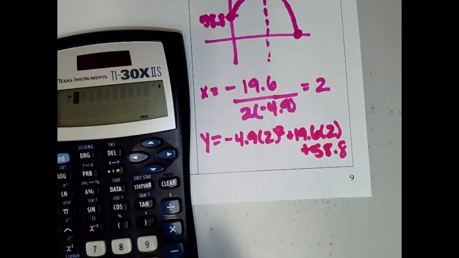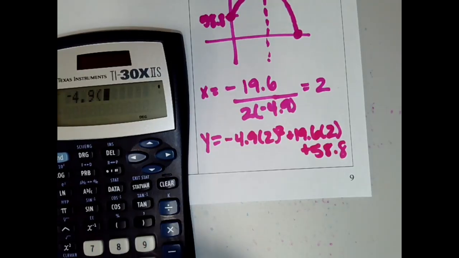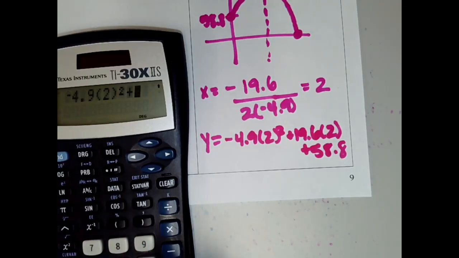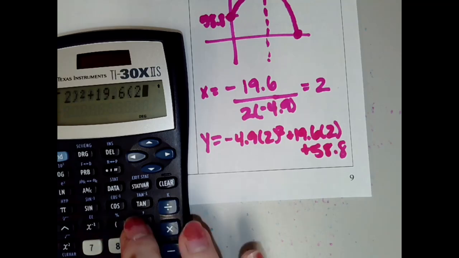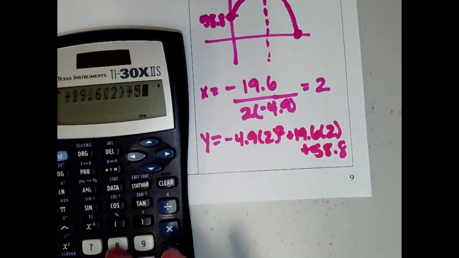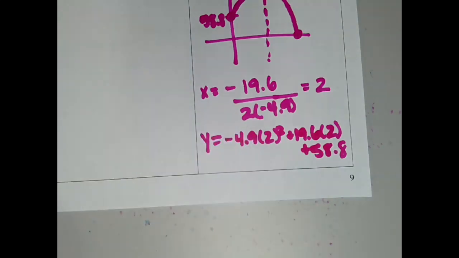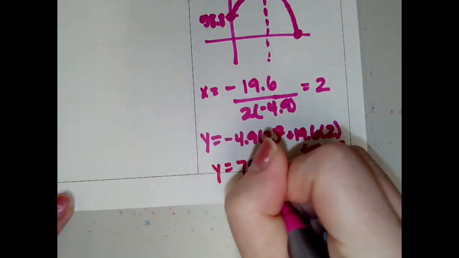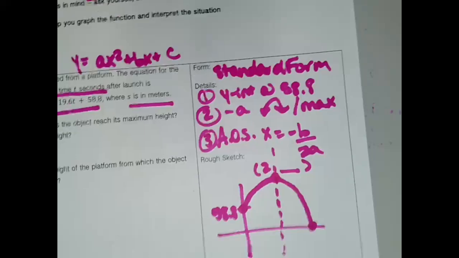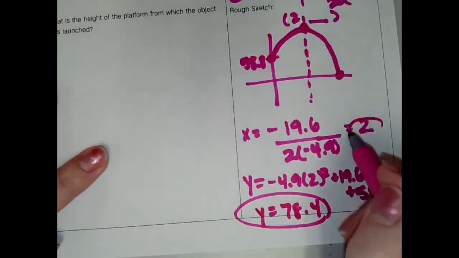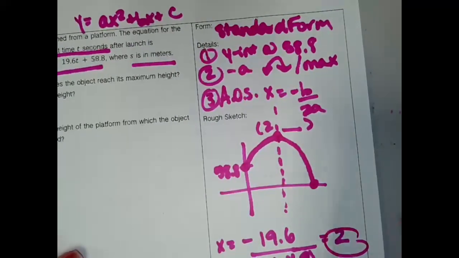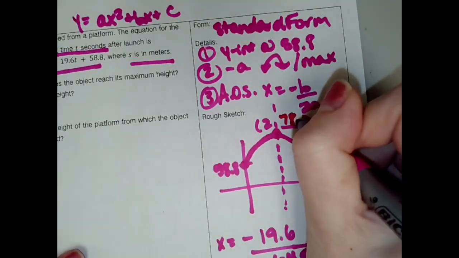So plugging it in, negative 4.9 times 2 being squared plus 19.6 times 2 plus 58.8. Hit enter. I get 78.4. So y equals 78.4. Right there. So I got the x, I got the y, which means I have my vertex: 2, 78.4.